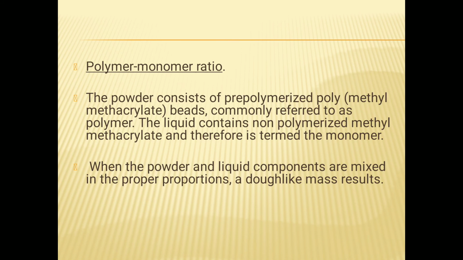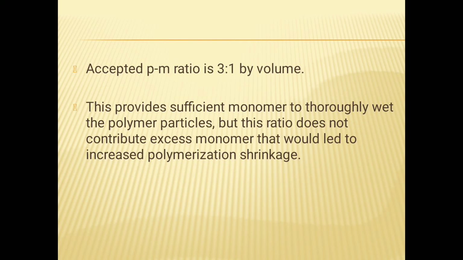Then what is the polymer monomer ratio? The powder consists of pre-polymerized polymethyl methacrylate beads, which are commonly referred to as polymer. The liquid contains non-polymerized methyl methacrylate and is therefore termed monomer. Right? When the powder and liquid components are mixed in the proper proportions, a dough-like mass results.